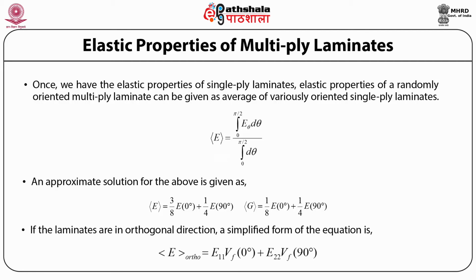If the laminates are in orthogonal direction, a simple form of the equation is average of E ortho is equal to E11 VF 0 degree plus E22 VF 90 degree.